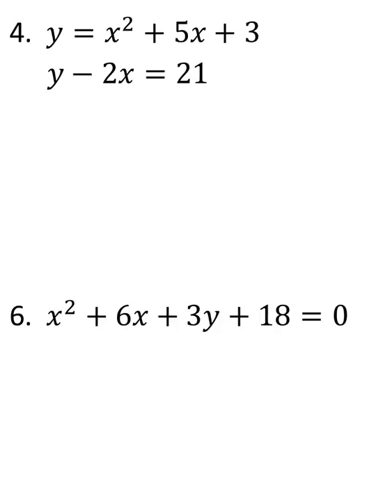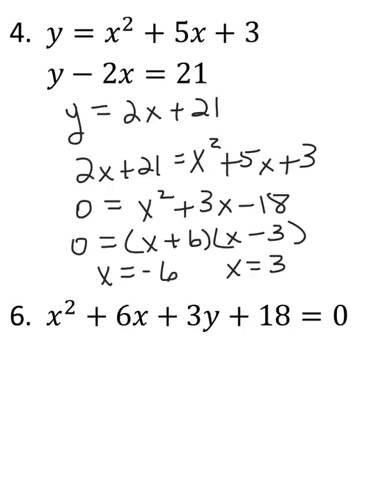All right, so let's go ahead and add 2x to both sides. To this equation, we have y equals 2x plus 21. And now I'm going to set this equation equal to the quadratic equation and solve for x.